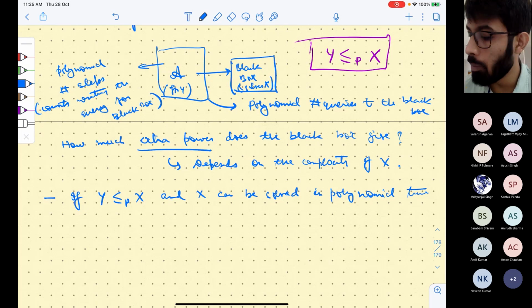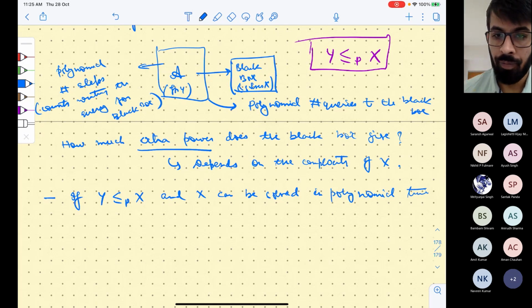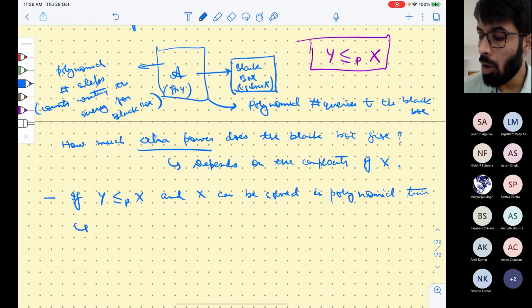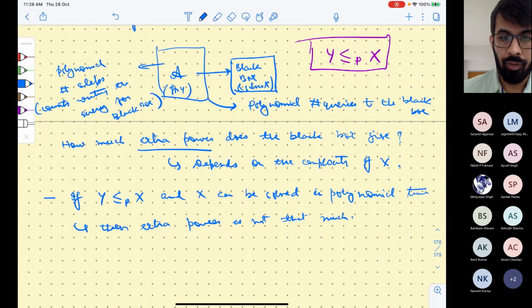If X can be solved in polynomial time by itself, then the extra power is not that much.